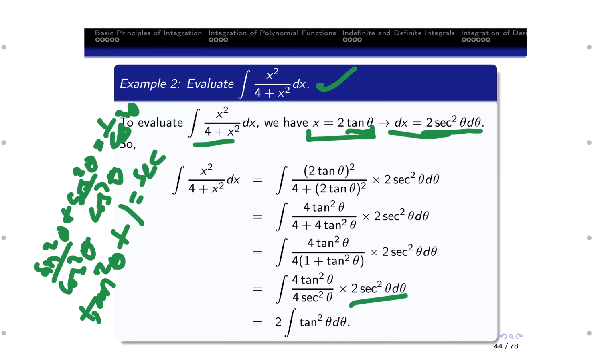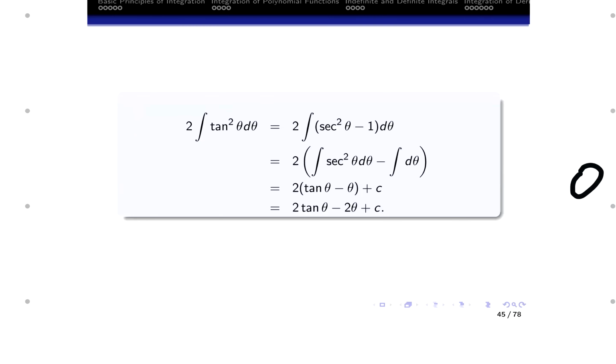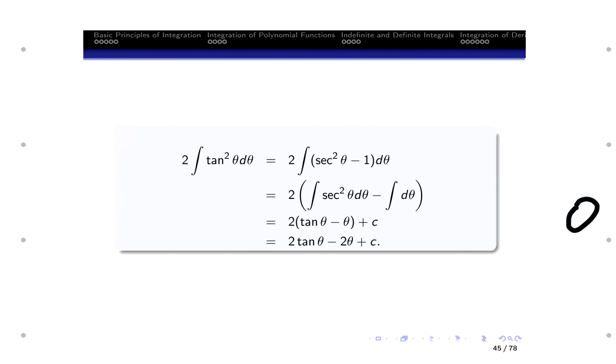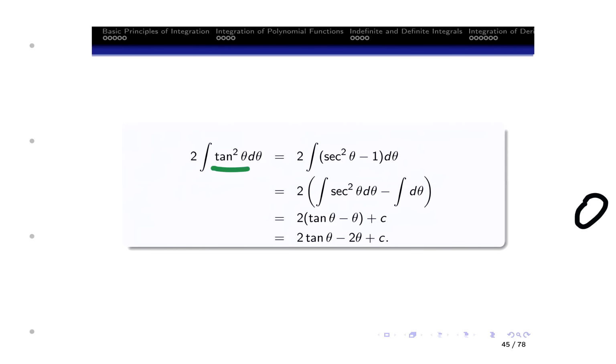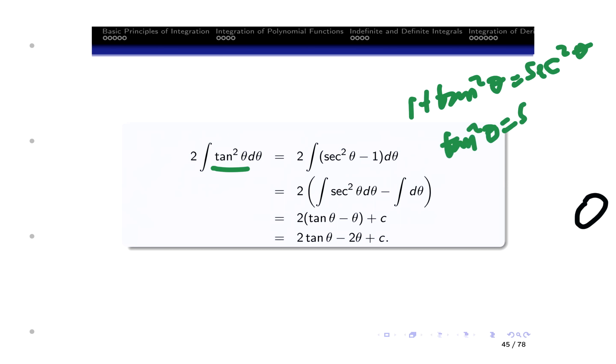So we have to think again. So we remember that though it may be difficult to integrate tan squared theta, but we know that 1 plus tan squared theta equals sec squared theta, right? So that means that tan squared theta is equal to sec squared theta minus 1, if you transfer this one here.